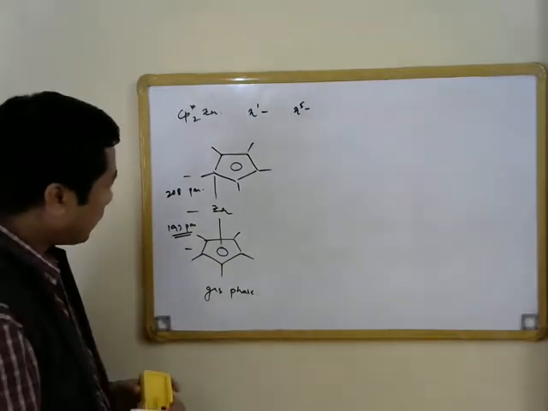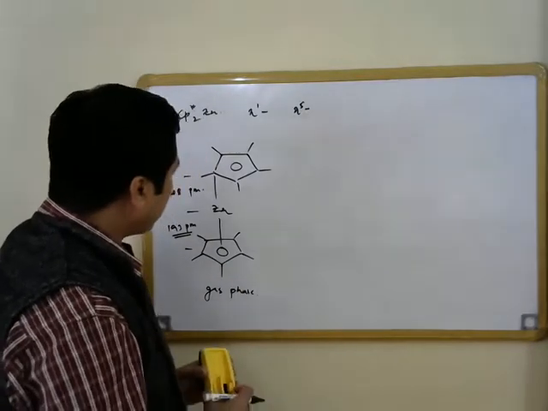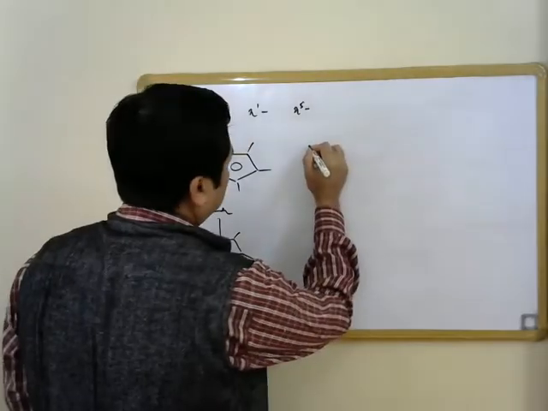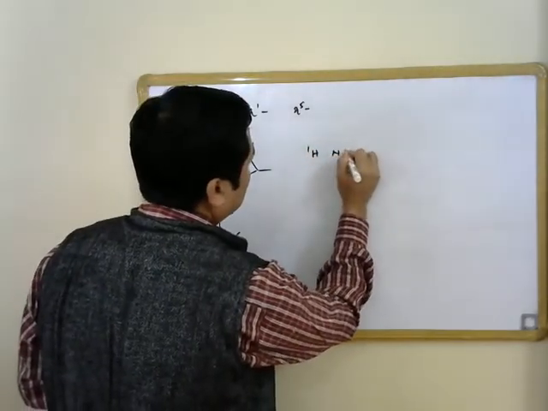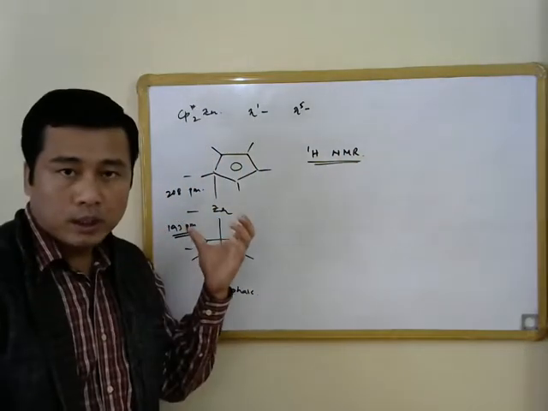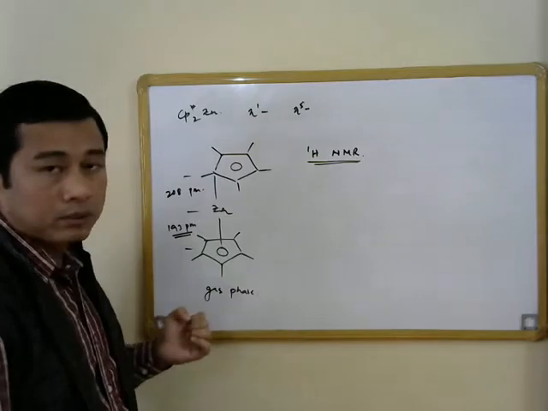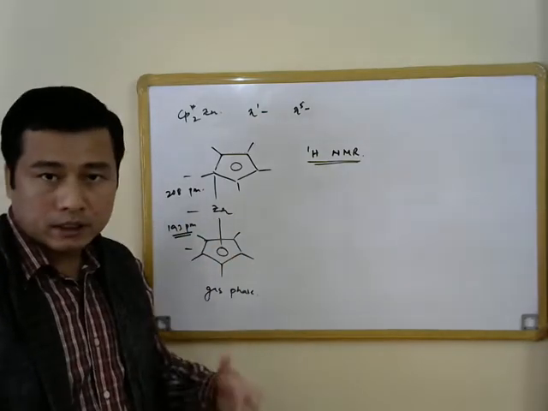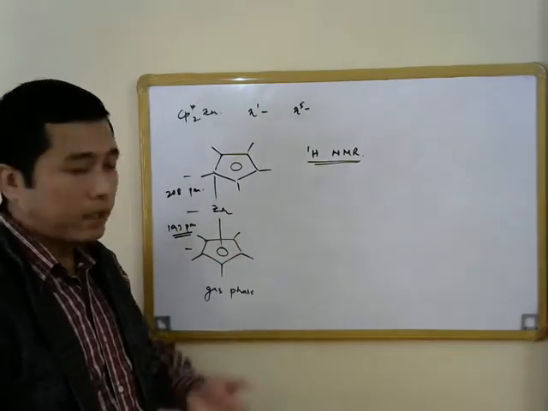Now if one records the proton NMR spectrum of this compound, what one finds is that only one type of signal for the hydrogen atoms is obtained, and both the Cp ligands appear equivalent in the NMR spectrum.